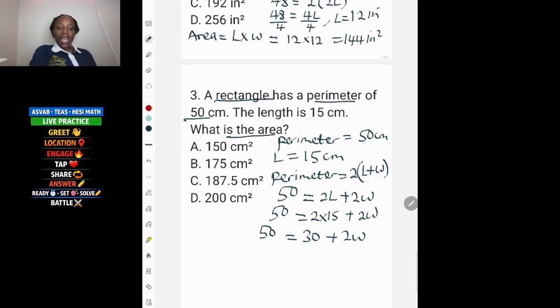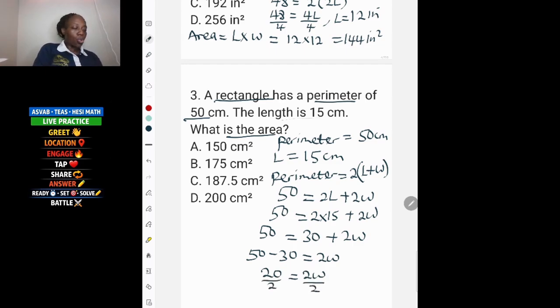We'll now take our 30 to that 50 side. That will be 50 minus 30 equal to 2 width. Yes, we collect the like terms. Perfect. So that will now be 20 equal to 2 width. Let's divide both sides by 2, and our width is now 10 centimeters.